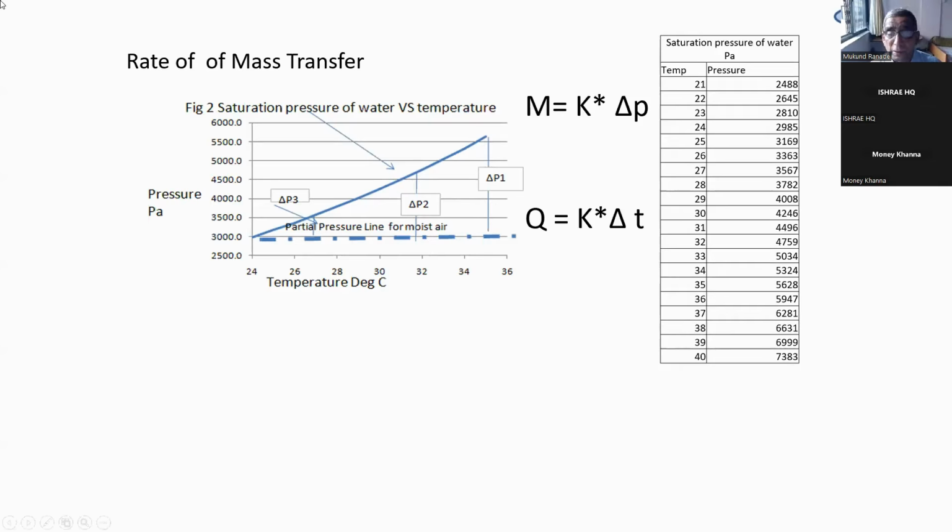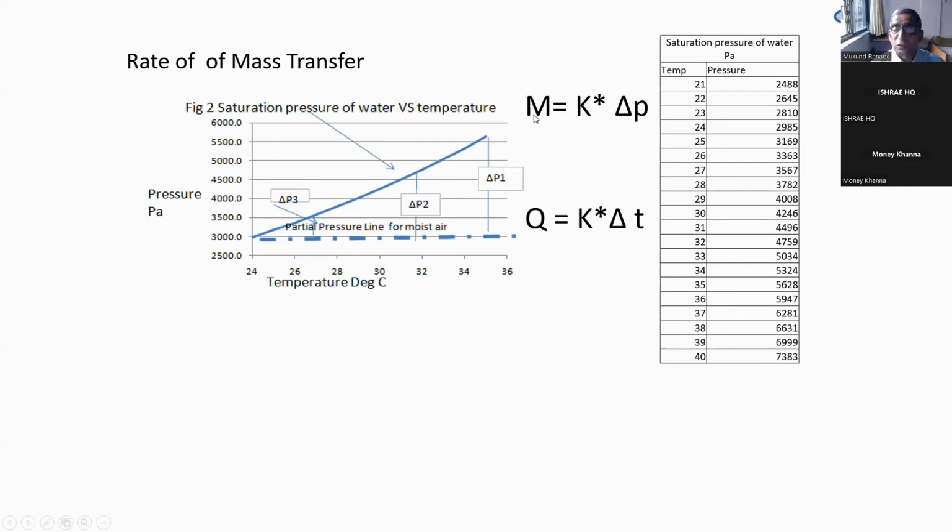So the water temperature is now no longer 35, it is 31. But the moment it becomes 31, the saturation pressure has dropped. So the potential for mass transfer, which is delta P2, has dropped. And finally, it will continuously go on dropping as the temperature of the wick reduces.